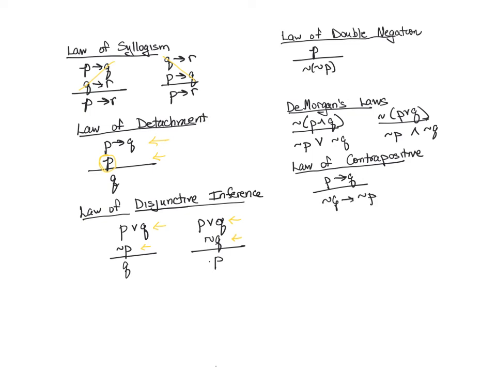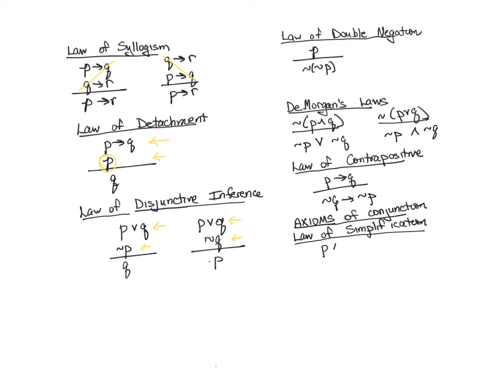And then finally, we've got the axioms that we can use. Okay, we've got the axiom of the conjunction, also known as the law of simplification, that says if a conjunction is true, let me just write the conjunction. I can't write letters anymore.